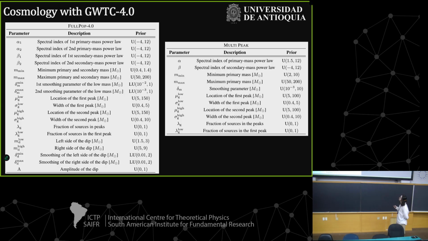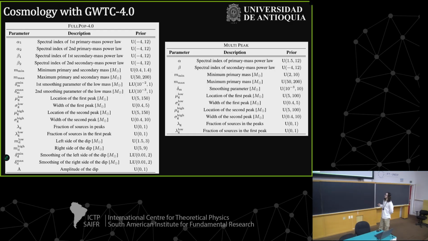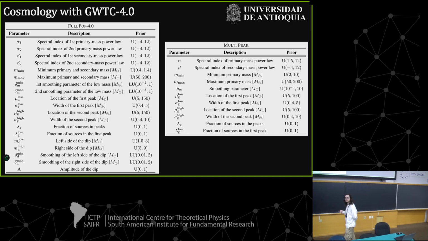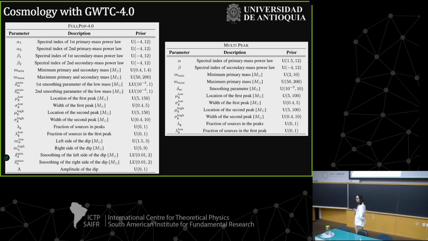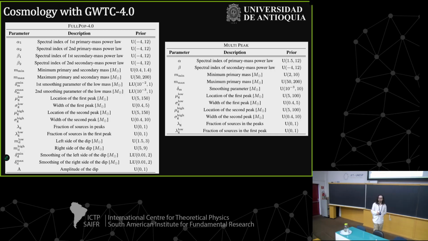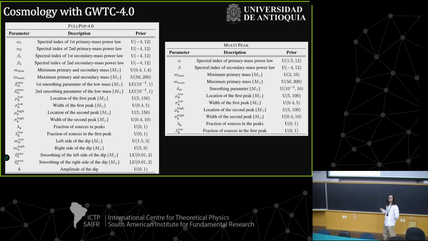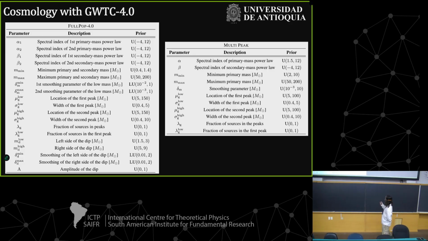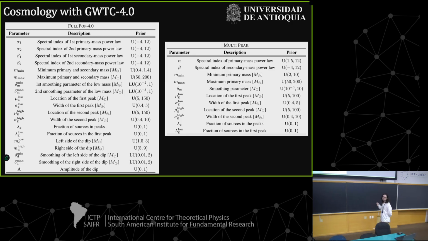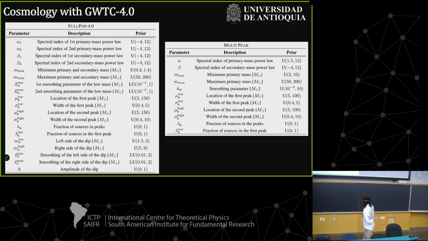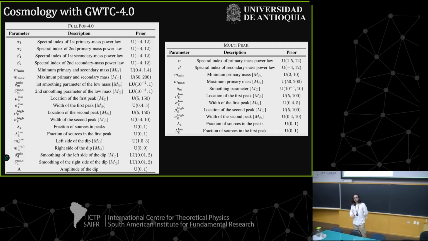As you can see, the full pop model has a considerable number of parameters compared to the other two population models, but that's also because you are spanning the whole range of the compact binary population and accounting for things such as the mass gap. And also here you have the possibility to get two peaks, while in the power law peak model you only have one peak in the distribution. Here in the multi-peak you also have two peaks. That's also why this has another 3 or 4 more parameters for this mass distribution.